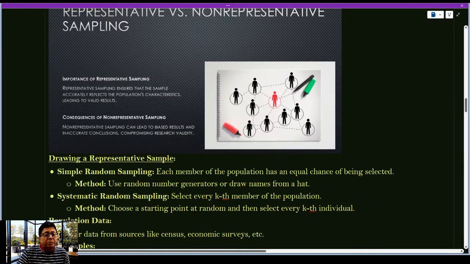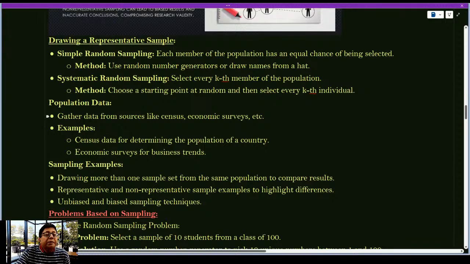Now, you have studied simple random sampling and systematic random sampling. Now, population data. What is population data first? You must try to say. Population data means data you gather from the population, from sources like census, economic surveys, and voting results.